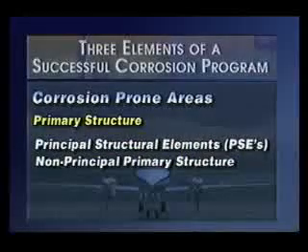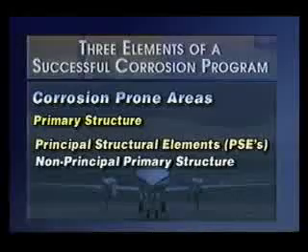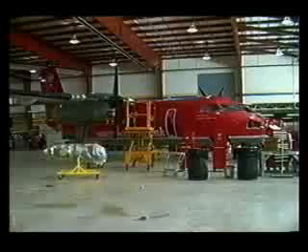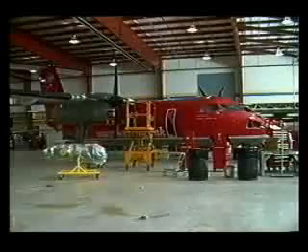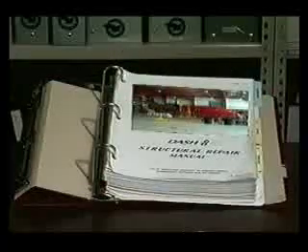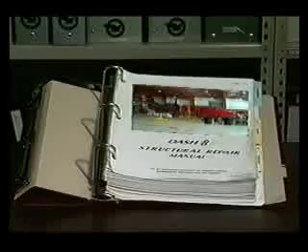The primary structure should be further subdivided into a category called Principal Structural Elements, or PSEs, and Non-Principal Primary Structure. Principal structural elements are those which are needed to assure continuing airworthiness and should be defined for each aircraft in your structural repair manual or manufacturer's service instructions.